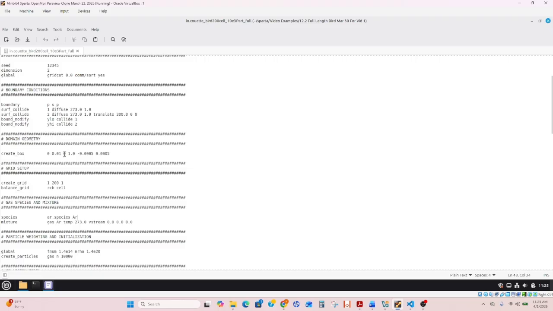In the y direction, we're going from 0 to 1 meter. And in the z direction, I'm going negative 0.0005 to 0.0005. And when you read through SPARTA, when you define a problem as two-dimension, you have to take this z dimension and split it evenly on both sides of the zero.